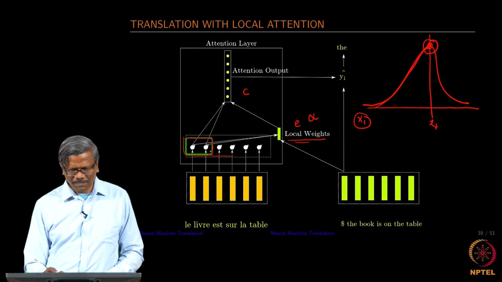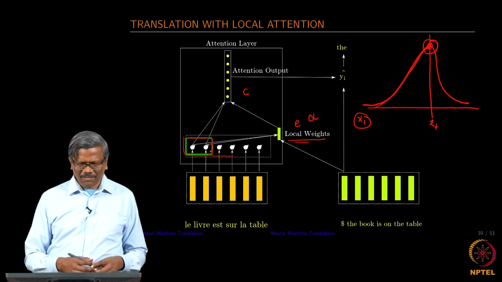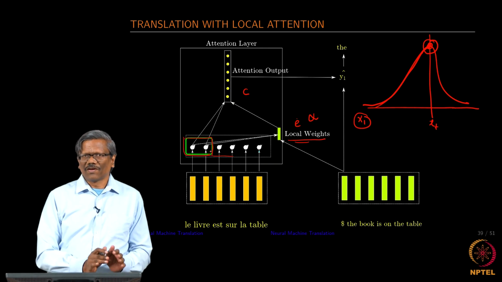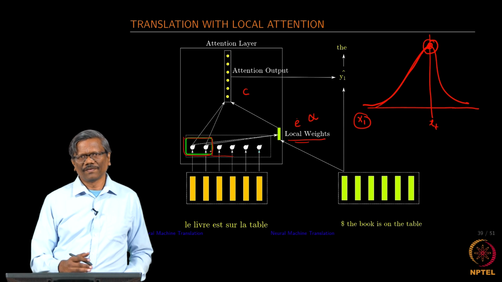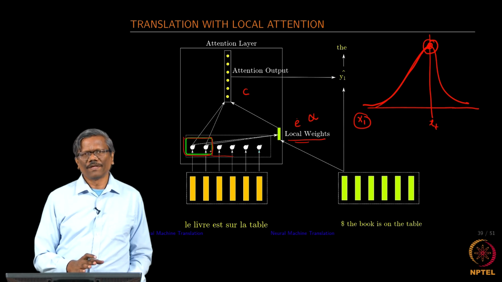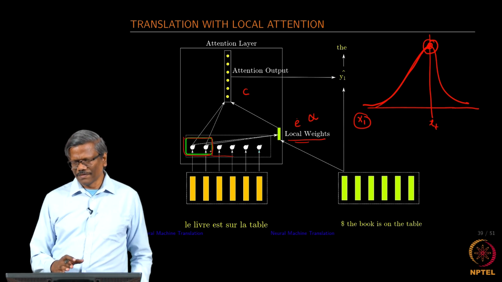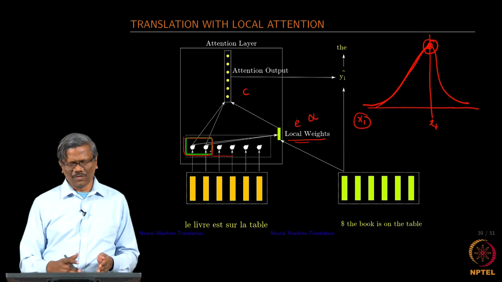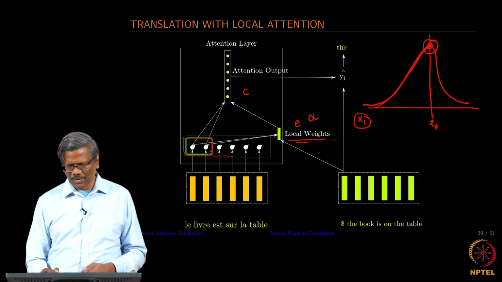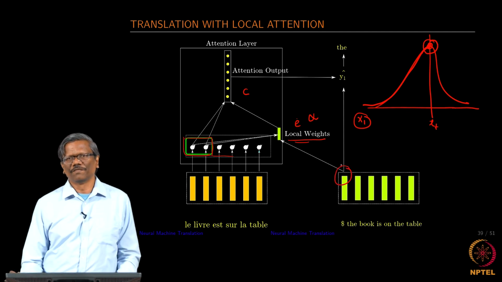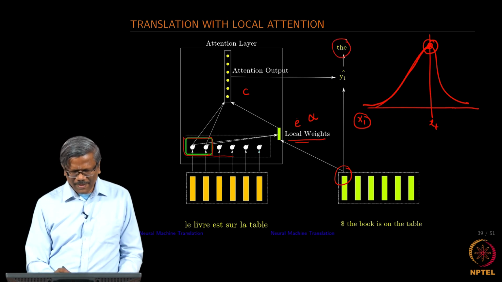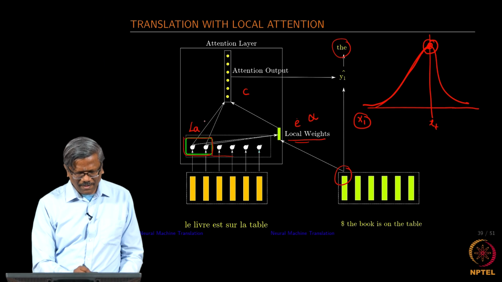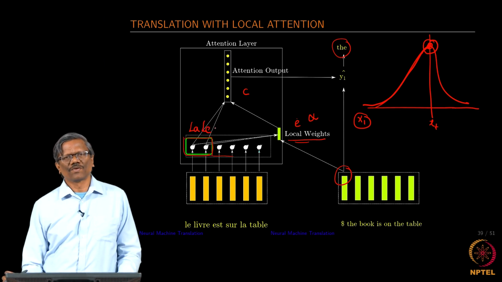By doing this we believe that the contextual information would be very clear, and there will not be much loss in knowing the neighborhood for this word here. The neighborhood for this word could be la, la and so on.